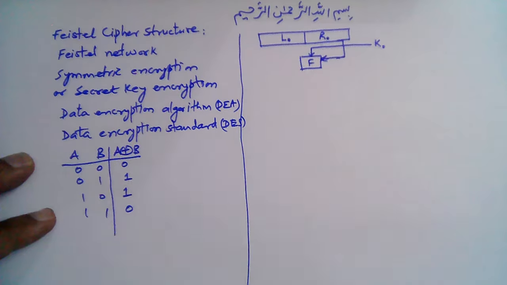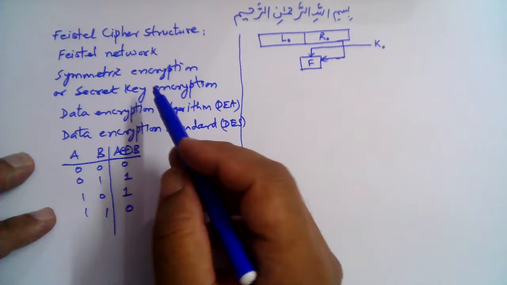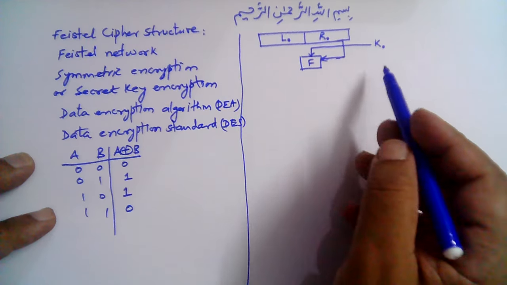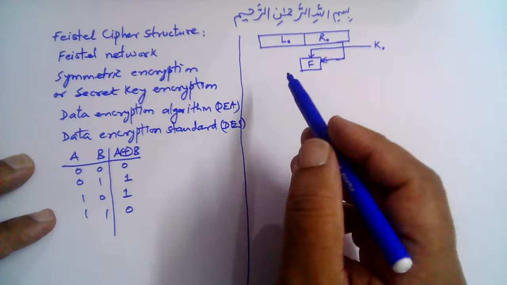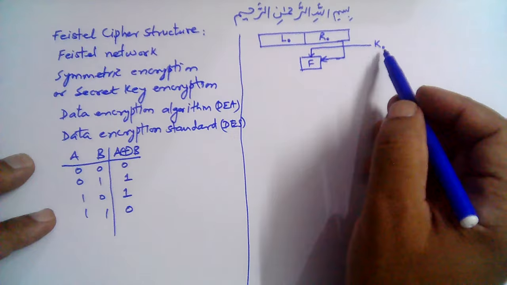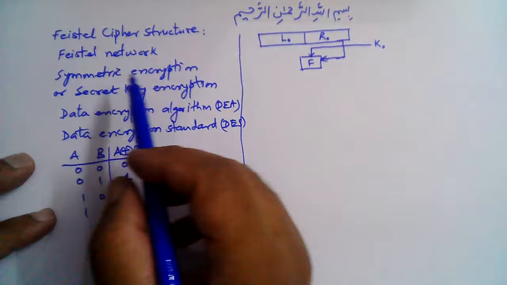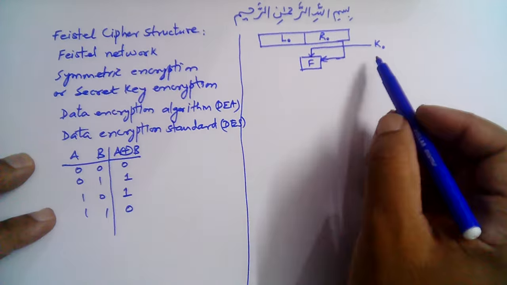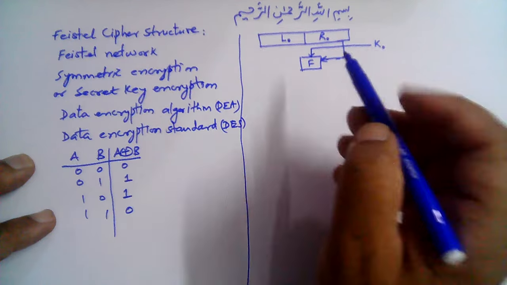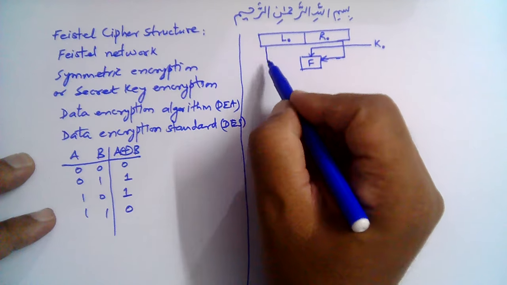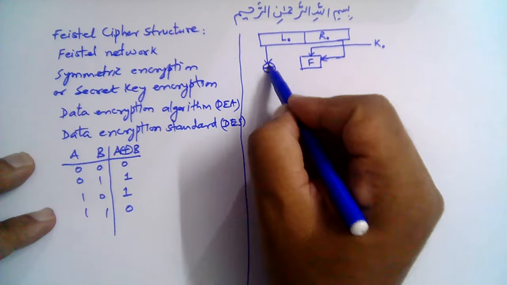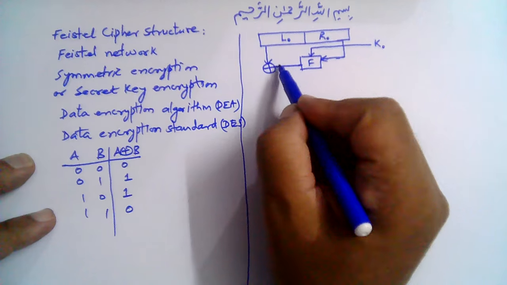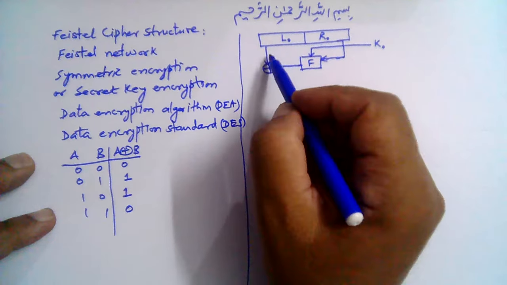For this cipher structure, for each round a sub key is derived from the given main key. So this k0 is the sub key derived from the main key for the Feistel cipher structure. We have this XOR operator here, and the output of the function f is XORed with the left half of the data.